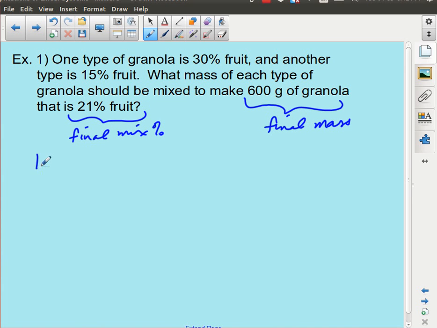So I think that leads us pretty well to our variables. Let x be the mass of 30% mixture.